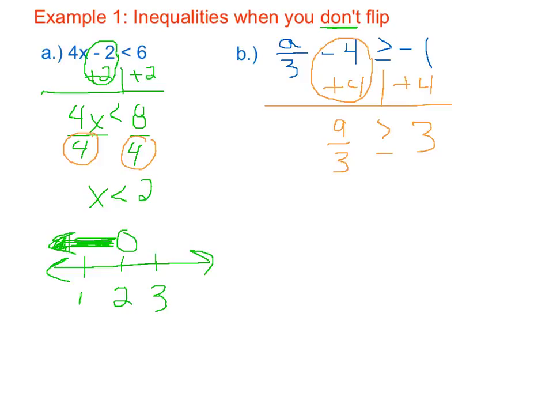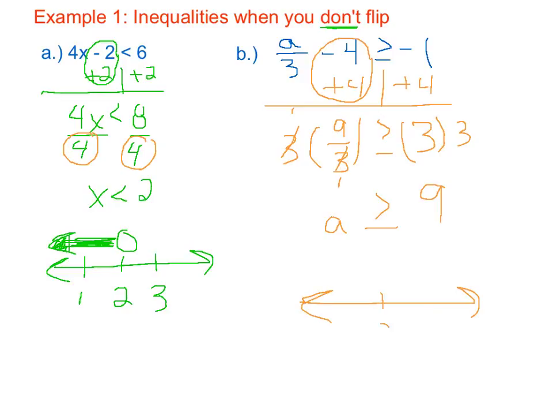We want to undo dividing by 3, so we're going to multiply both sides by 3. In doing so, that becomes 1, so we're left with just a on the left. On the right, we've got 3 times 3, which is 9. Then on a number line, we got 9, 10, and 8. We're going to have a closed dot at 9 and shade to the right.